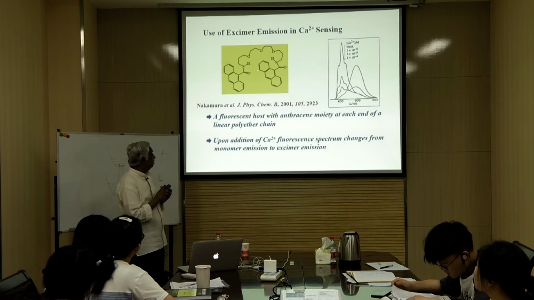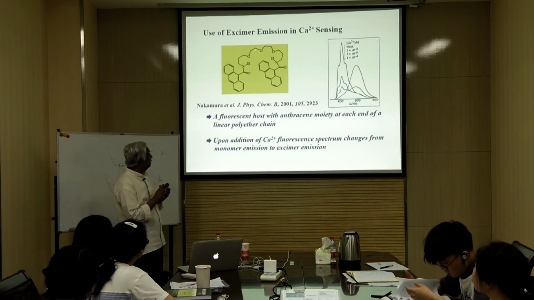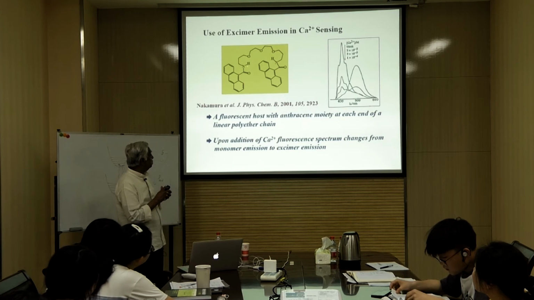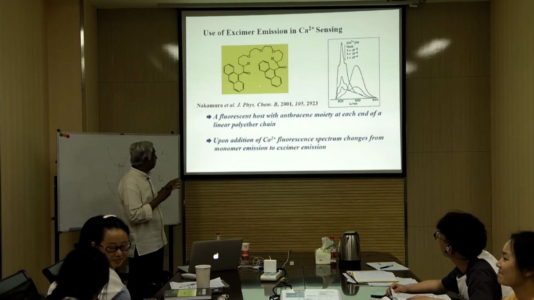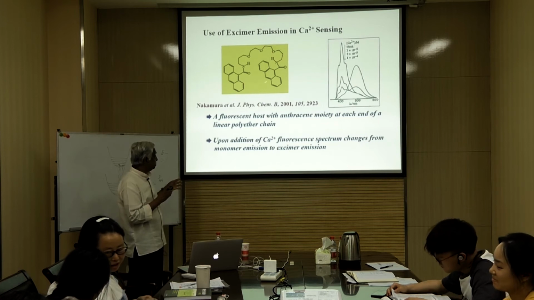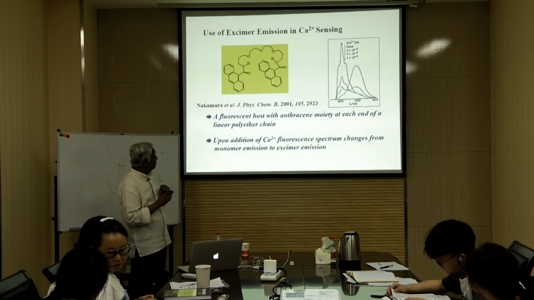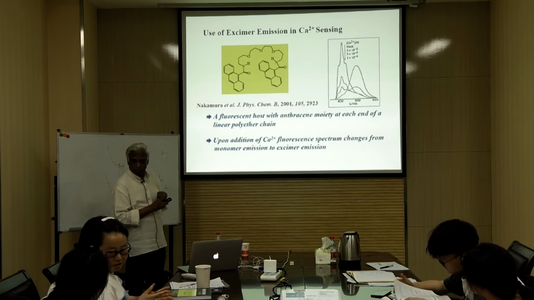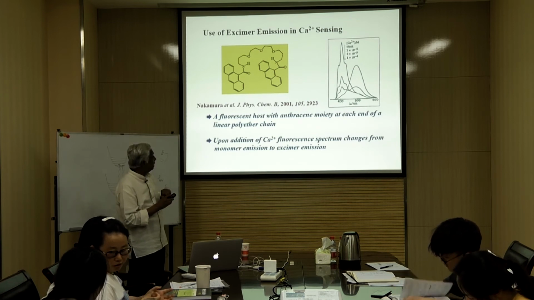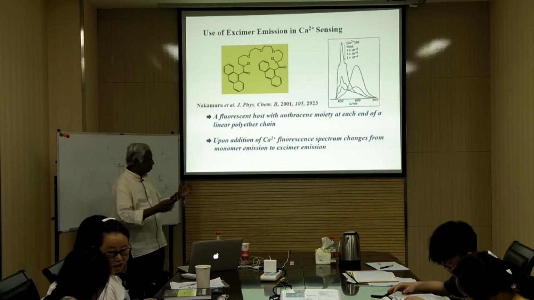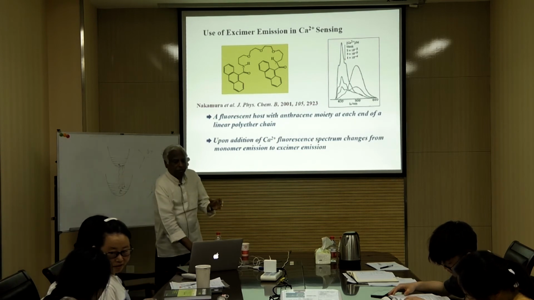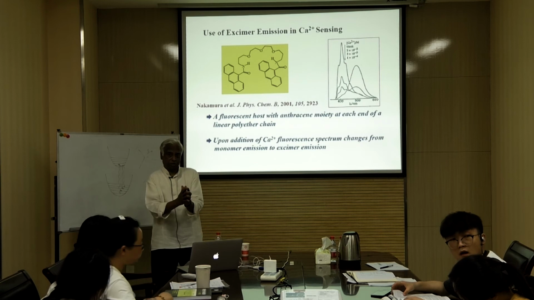So you look at this compound. This has got a lot of single bonds. So see, this one is going to have a lot of different conformations, and no conformation is going to bring two anthracenes closer. So when the two anthracenes are not close, you will see only monomer emission. But if you add, for example, calcium, that calcium will bind to the open crown ether, and what will happen is these two are going to come closer.